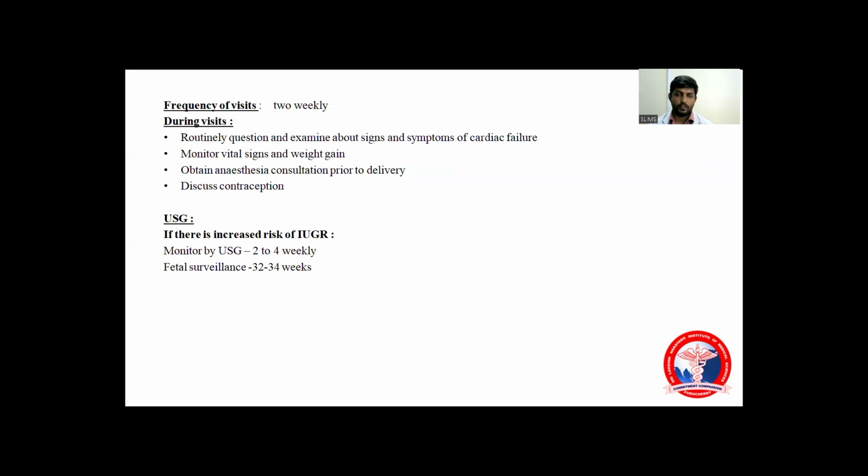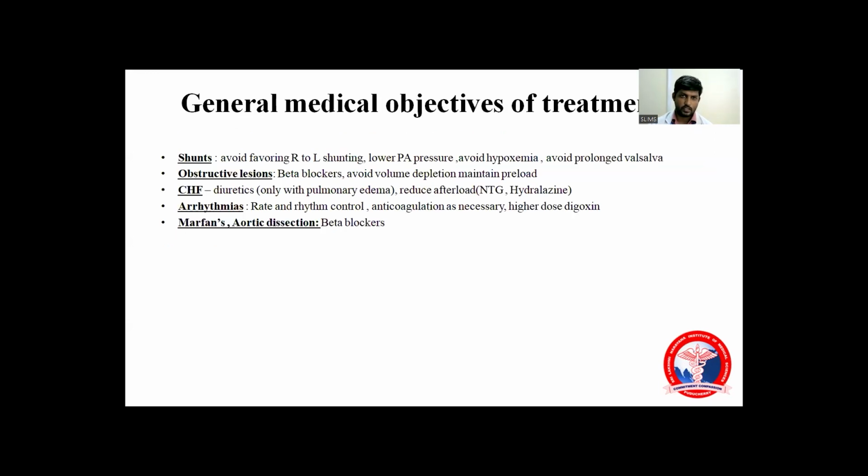And during the visits, we have to ask certain questions regarding symptoms and signs of cardiac failure, and we need to monitor vital signs and weight gain, obtain anesthesia consultation prior to delivery, and discuss contraception post delivery. And if there is an increased risk of IUGR, we need to monitor ultrasound 2 to 4 weekly and fetal surveillance after 30 to 34 weeks.